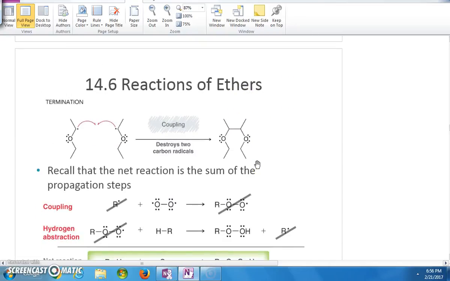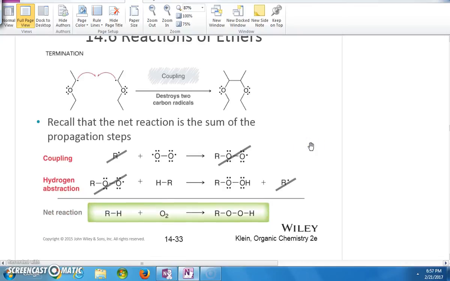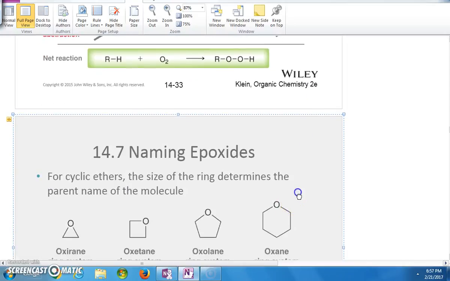And we said that the propagation steps are the steps that add up to give the overall reaction. The termination and the initiation steps do not add up to give the overall net reaction.